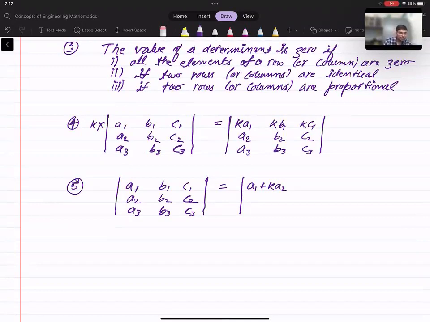Okay. So similarly, B1 plus the same fraction of B2, and again C1 plus K times C2. The other rows remain the same without any alteration.